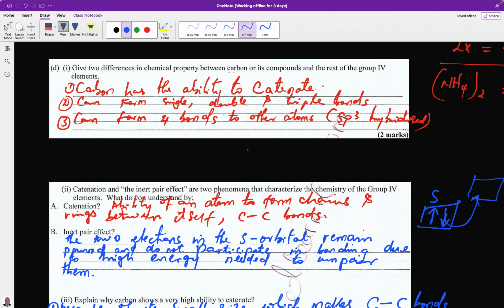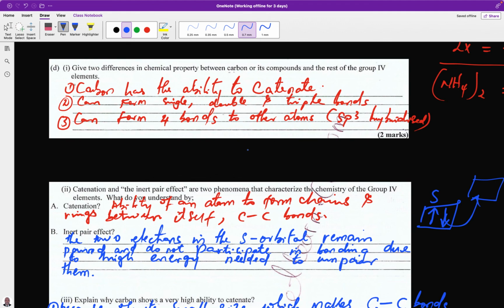So that ability to form rings, like in benzene, ability to form chain, like in other aliphatic compounds, that is what we call catenation between the carbon-carbon atoms.